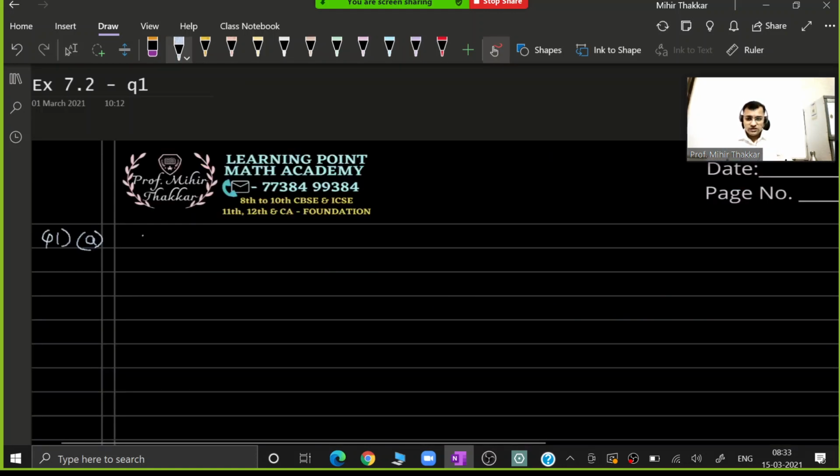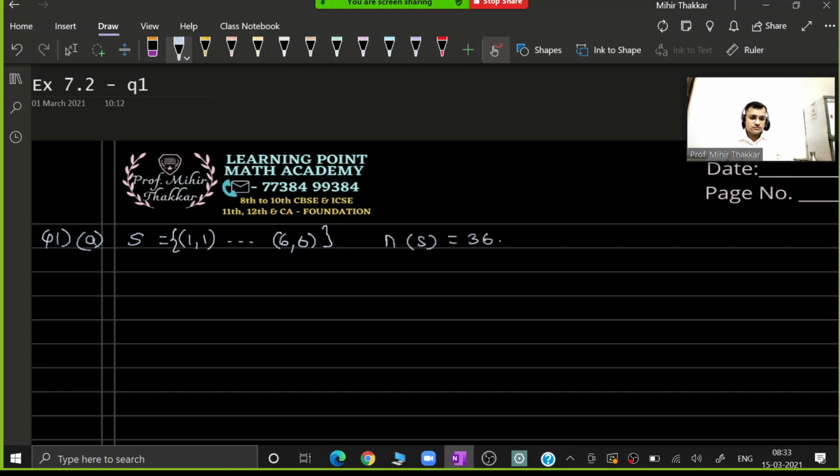As I told you, the sample space is 1, 1 till 6, 6. All these need to be written. And n of S is equal to 36. The first part is asking us the probability of the event that the product of numbers on the upper face is 12.